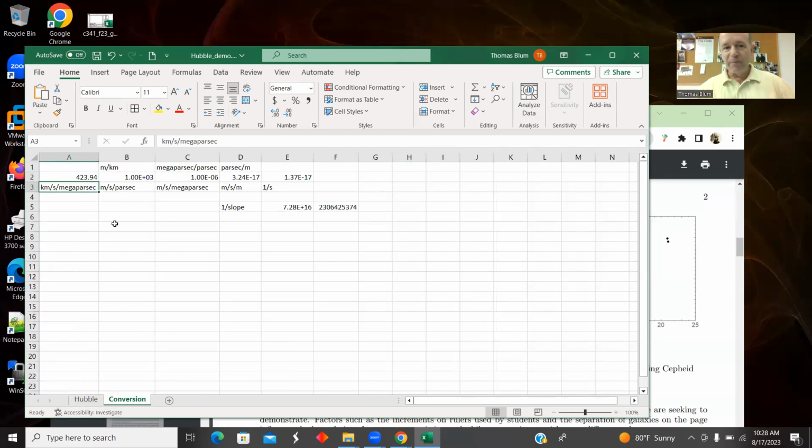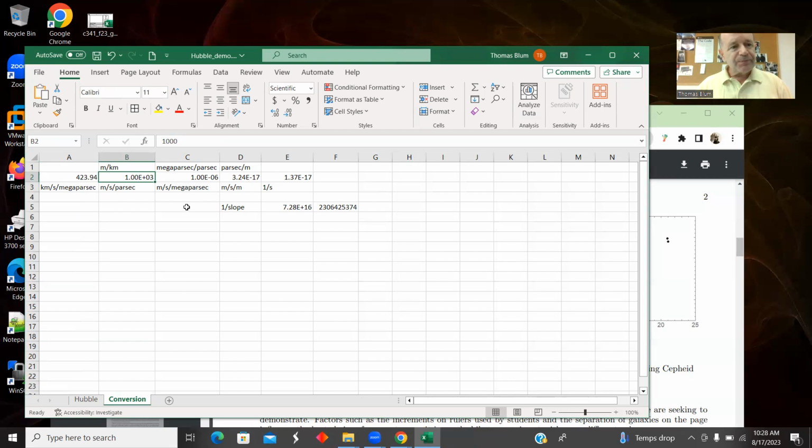Now I'd like to convert it. I have kilometers and megaparsec, and both are distances, so I'd like to get them both into meters and then have them cancel.